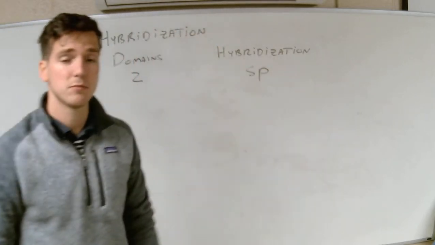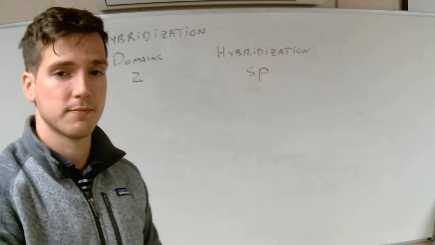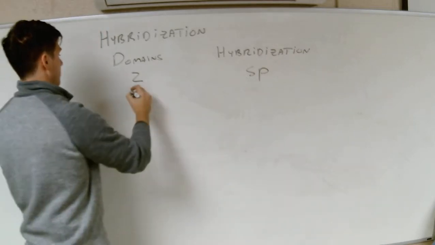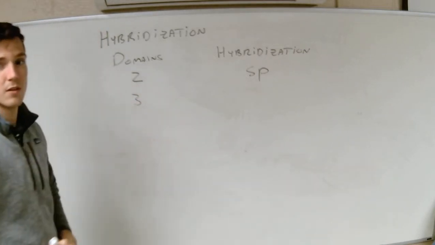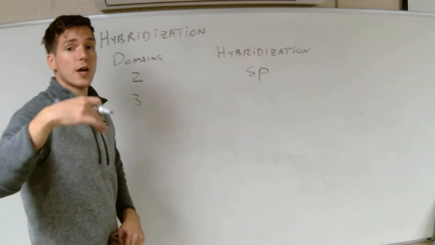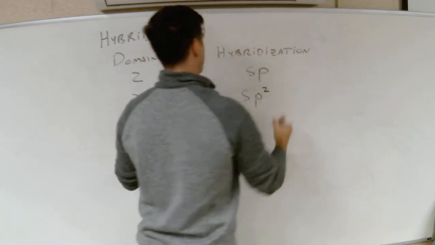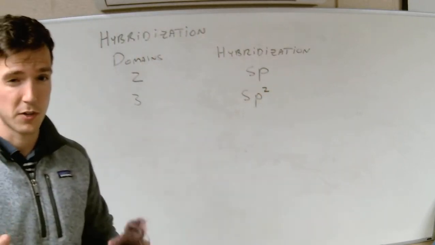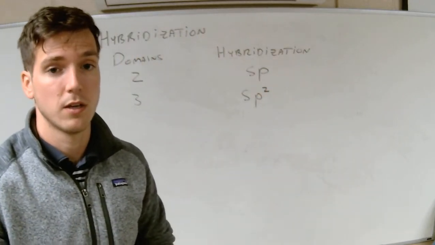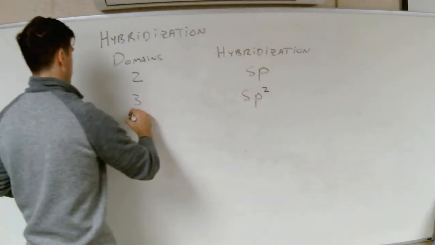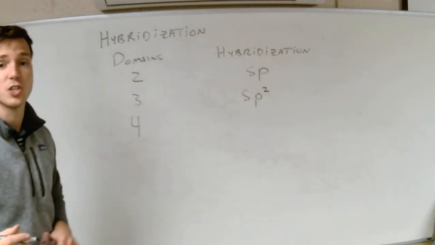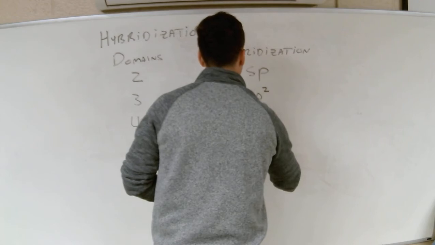It's a mix of an s orbital and a p orbital. If you have 3 domains, your hybridization is sp2. Maybe you're starting to see a trend here. If I have 4 domains, my hybridization is sp3.